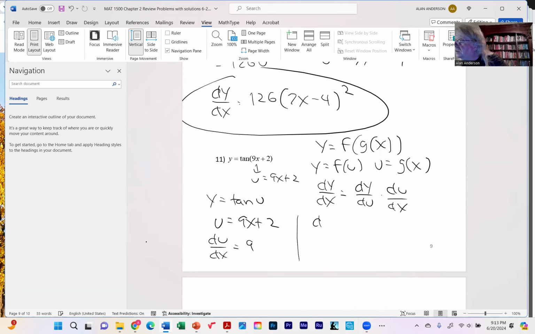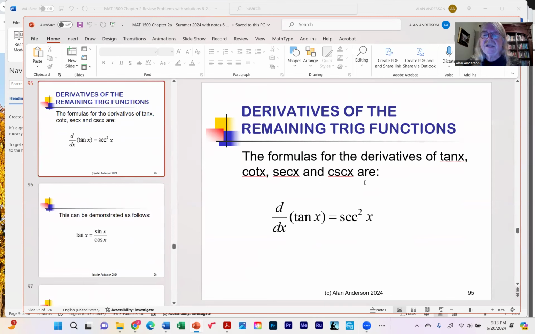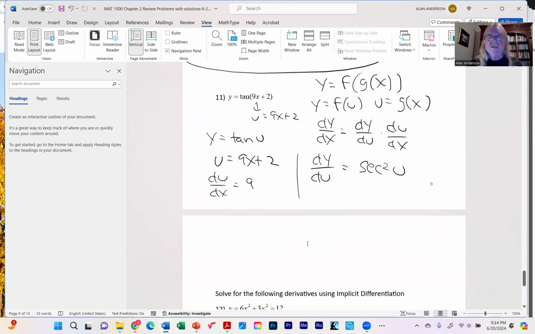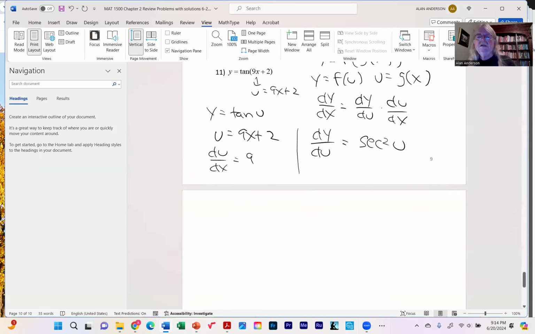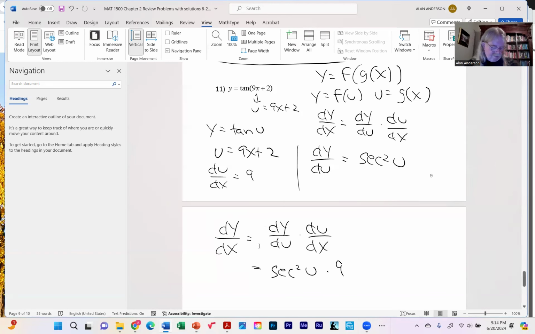On the other hand, dy/du, we have to go back and consult with our chart. Unless you've memorized them, the derivative of the tangent of x is secant squared of x. Okay, so when we consolidate these, we're going to have secant squared u times 9.